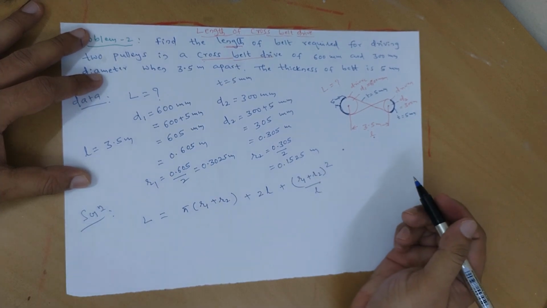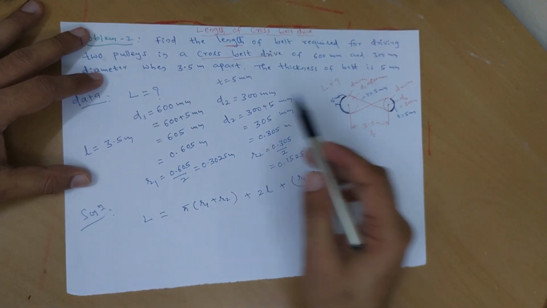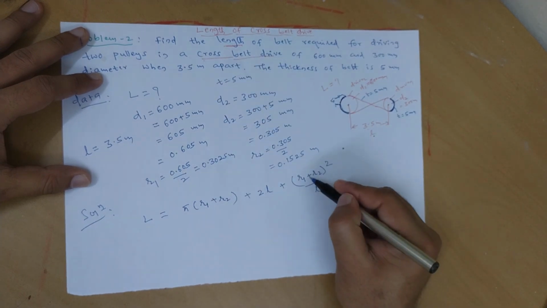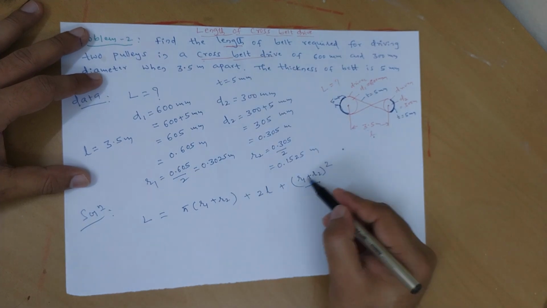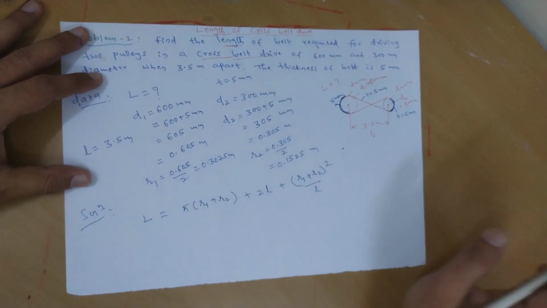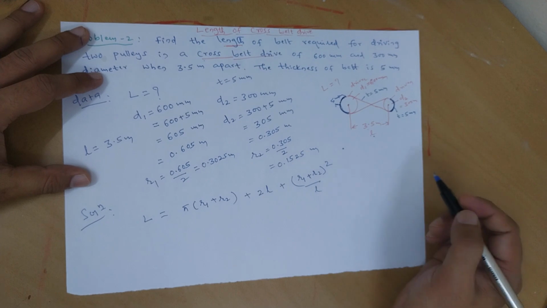This is the formula we already derived. Since it is a cross belt drive, here it will be plus. If it is an open belt drive, here it will be minus. Everything else is the same. So remember this.